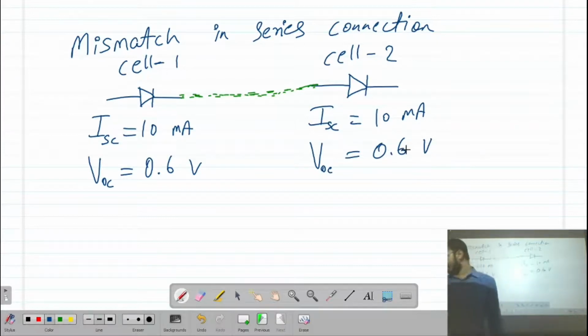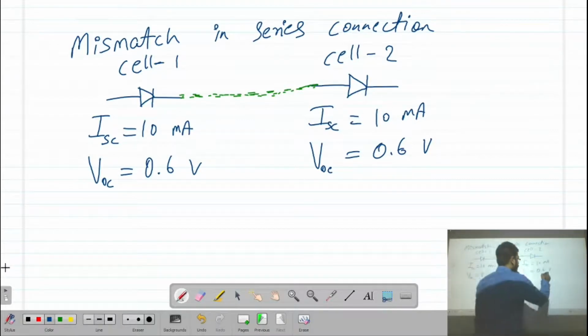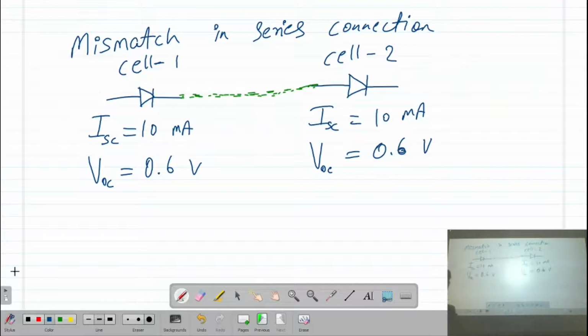This is the ideal condition. But as we know, practically that is not possible.